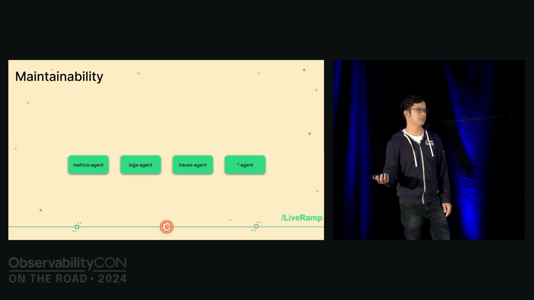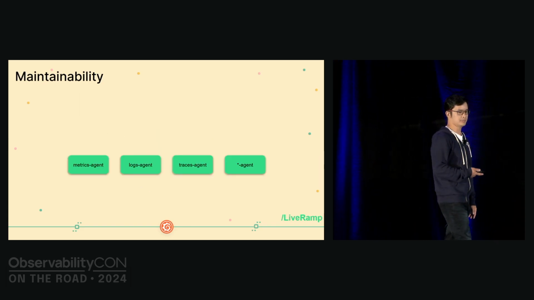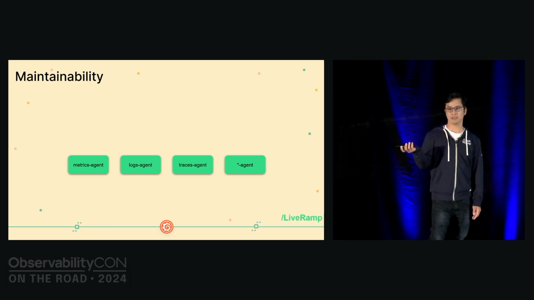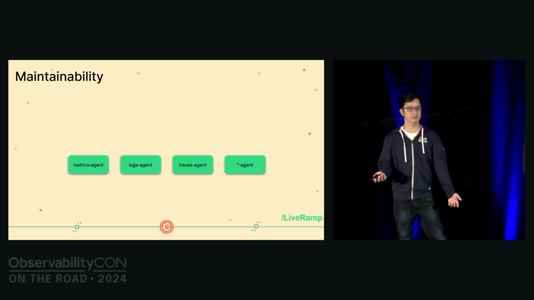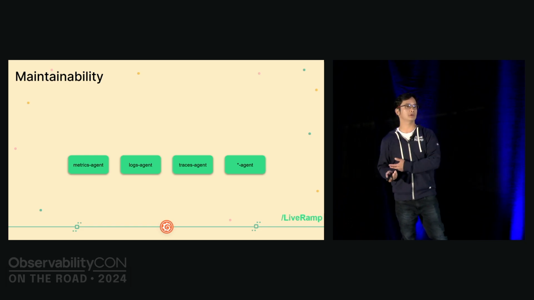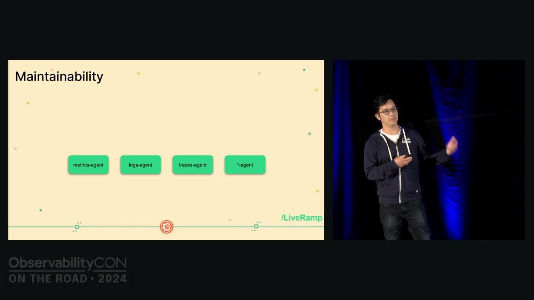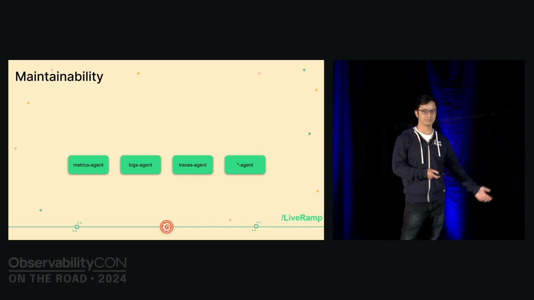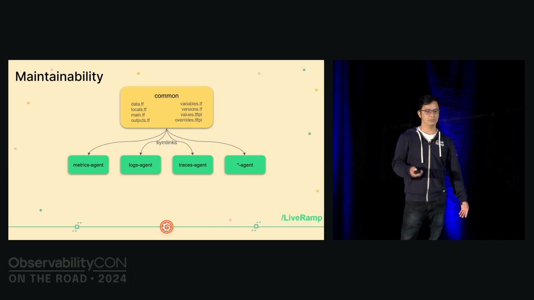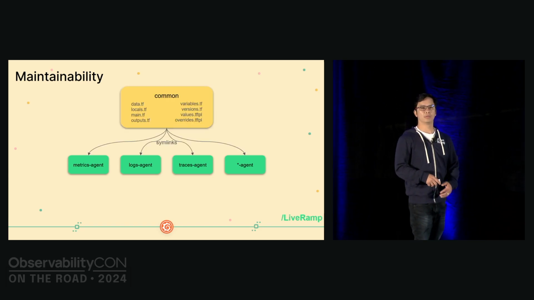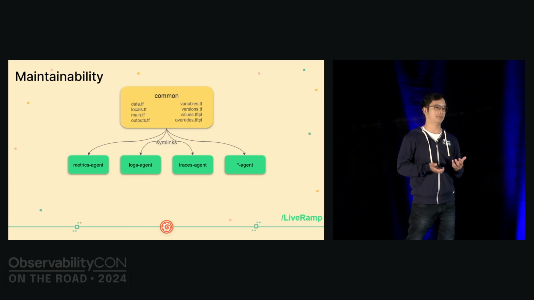And the last pillar of usability is maintainability. I mentioned earlier we have a lot of agents, so that would be a lot of code, a lot of things to remember and updates and things like that for SRE. So what we did is we created something called common, right?